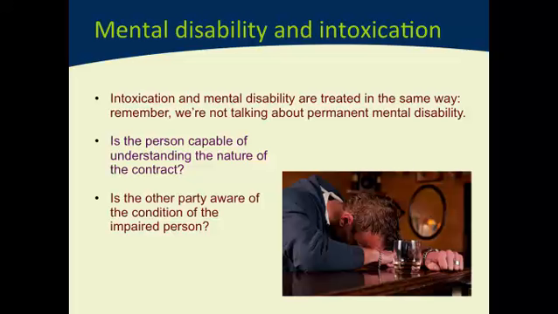The second question the court will ask is, was the other party aware of the condition of the impaired person? So if you make a contract with someone who has a mental disability, but you have no idea that they have a mental disability, or if you make a contract with a person who is intoxicated, but you have no idea that they are intoxicated, well, it's a bit harsh for the law to say you can't enforce that contract, even though you thought you were dealing with someone who had full capacity to make a contract.